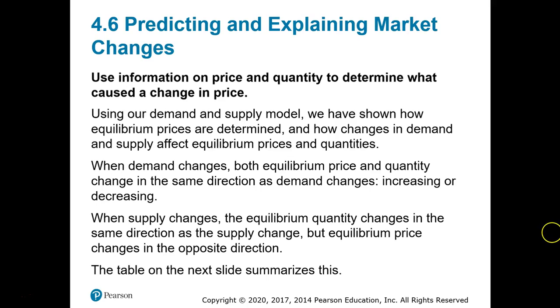When demand changes, both the equilibrium price and the quantity change in the same direction as demand changes, increasing or decreasing. When supply changes, the equilibrium quantity changes in the same direction as the supply change, but the price changes in the opposite direction.